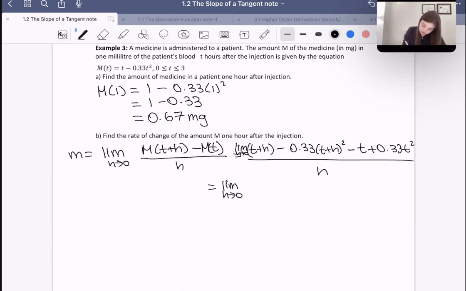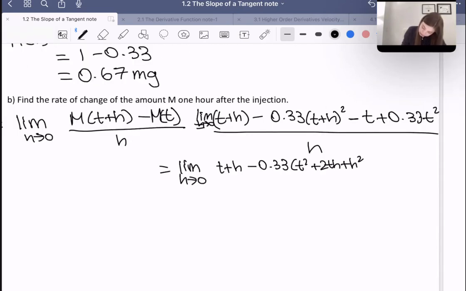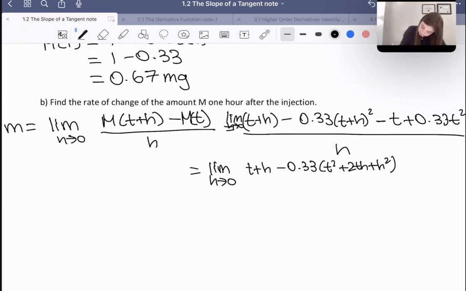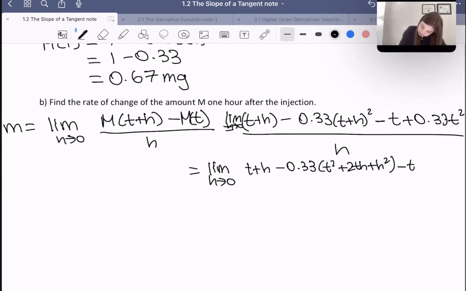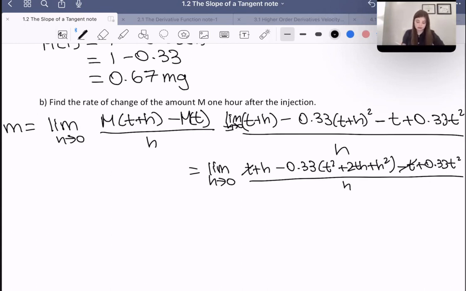All right, so then here we would have t plus h minus 0.33 times t squared plus 2th plus h squared, and then minus t plus 0.33 t squared. And actually, I normally wouldn't do this, but I am going to cancel out this minus t and this plus t because I can already see those are going to cancel.